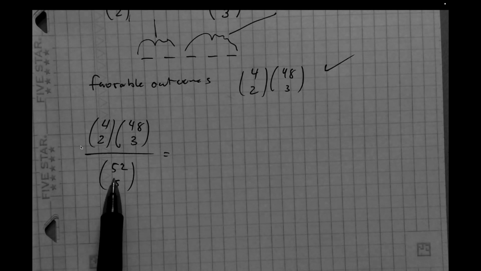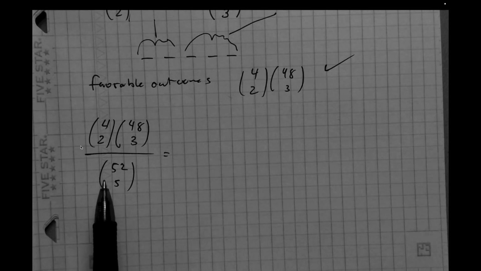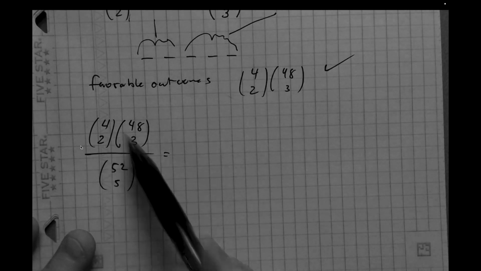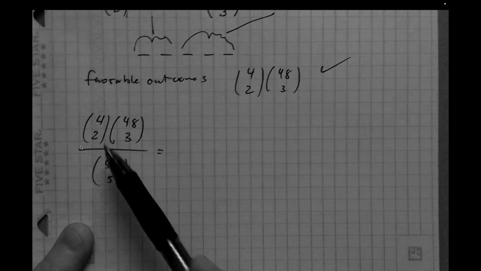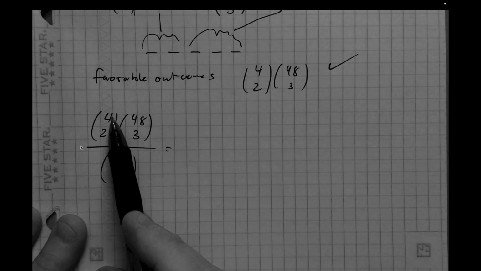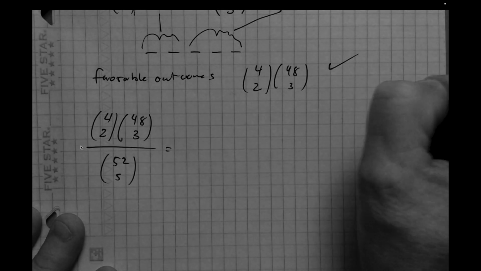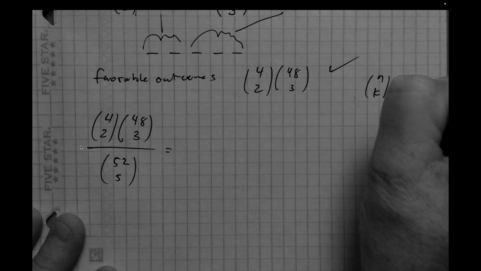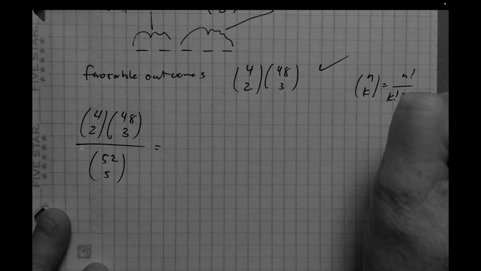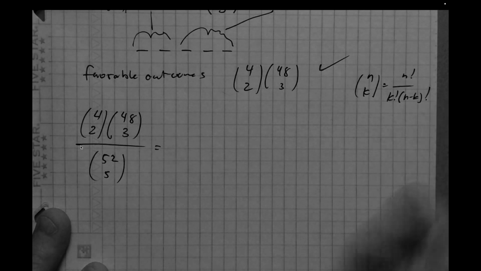These are huge numbers, right? 52 choose 5, there's a lot of ways, that's a very big number. This is where combinatorics comes into play. Remember, n choose k is equal to n factorial divided by k factorial times n minus k factorial.